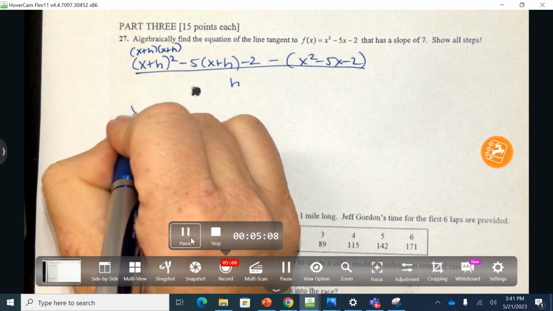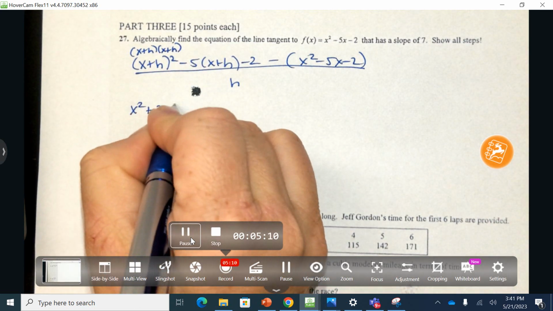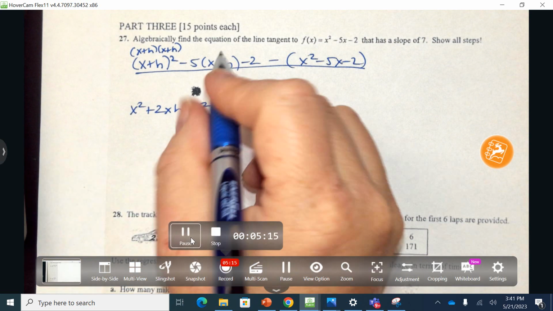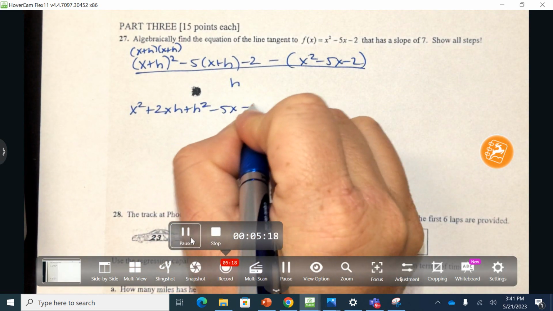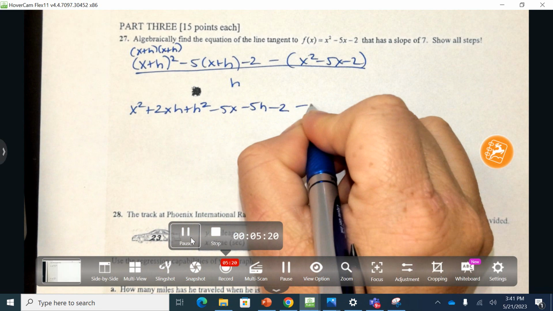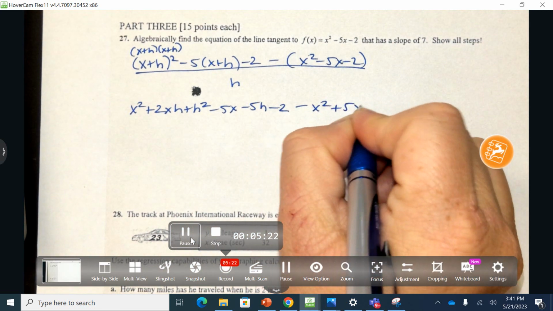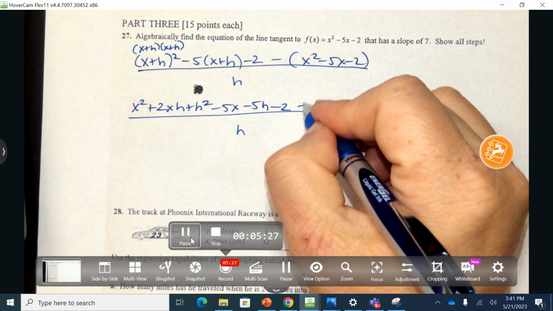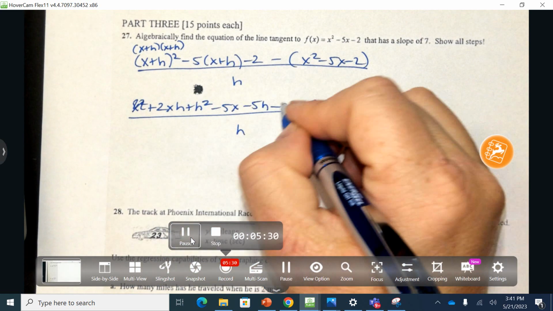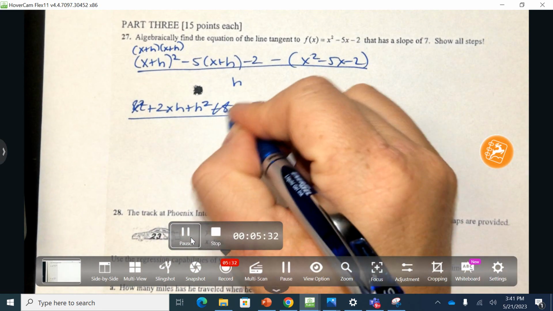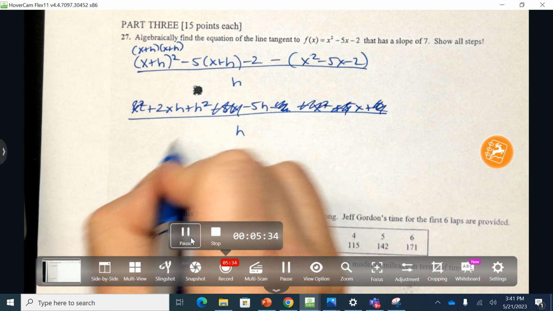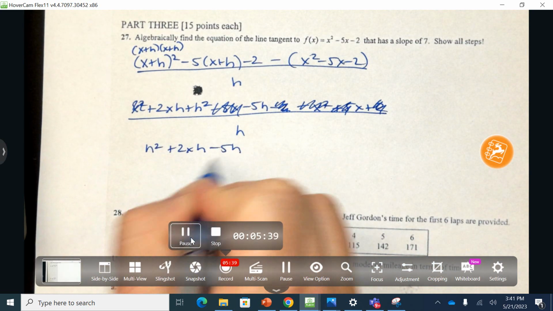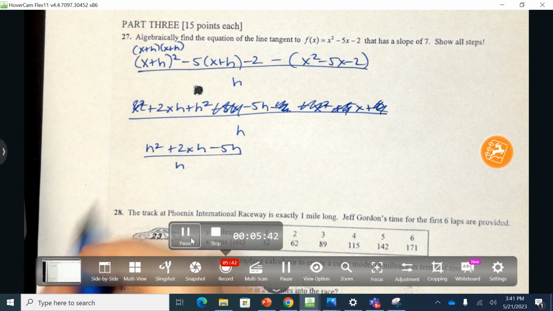When I distribute that, I get h squared plus 2xh plus x squared, minus 5x minus 5h minus 2. Distribute the minus: minus x squared plus 5x plus 2, all over h. Additive inverses, additive inverses, additive inverses. H squared plus 2xh minus 5h all over h.